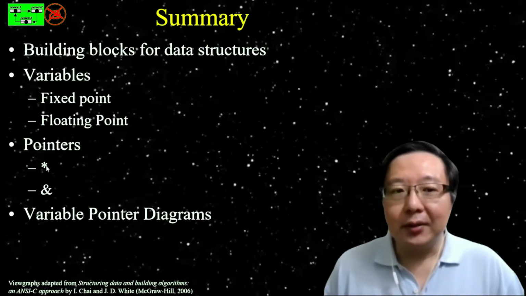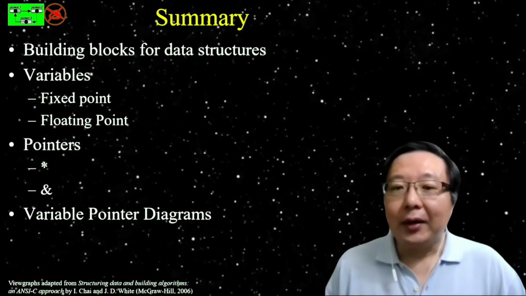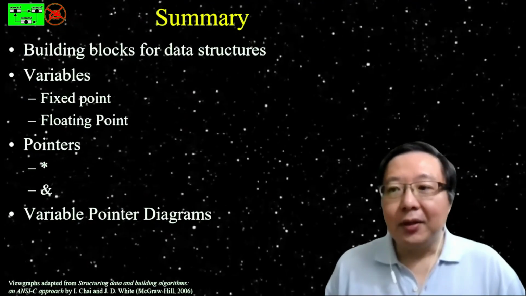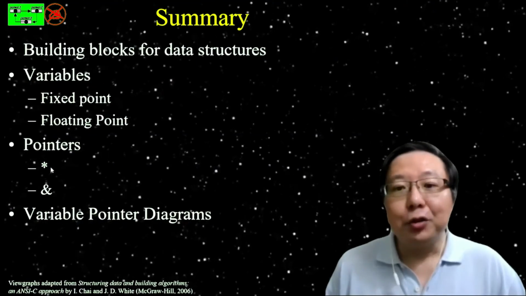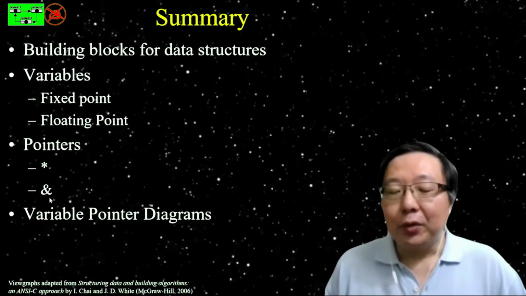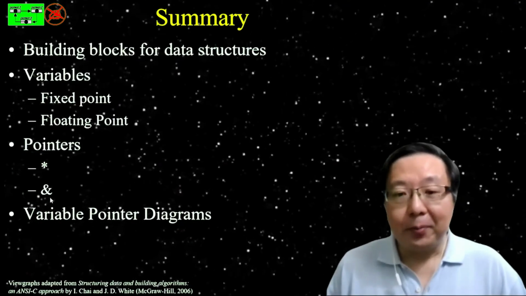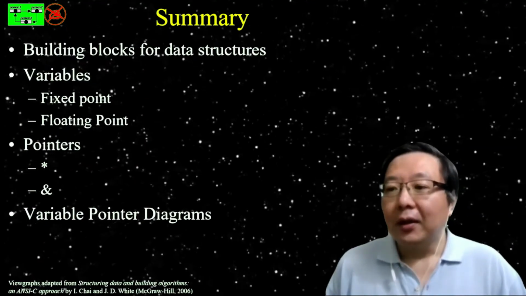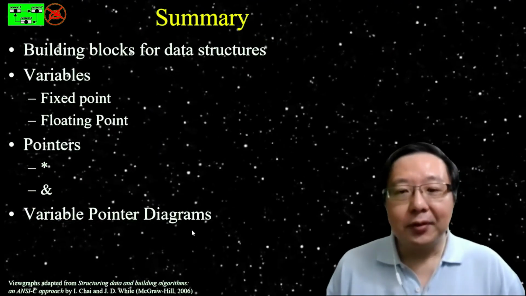There's the asterisk or star, which means if you are declaring, it is to declare a pointer, and if you are using it, then it is to dereference the pointer. And ampersand, which is to get the address of a variable or pointer. And we draw all these using variable pointer diagrams.